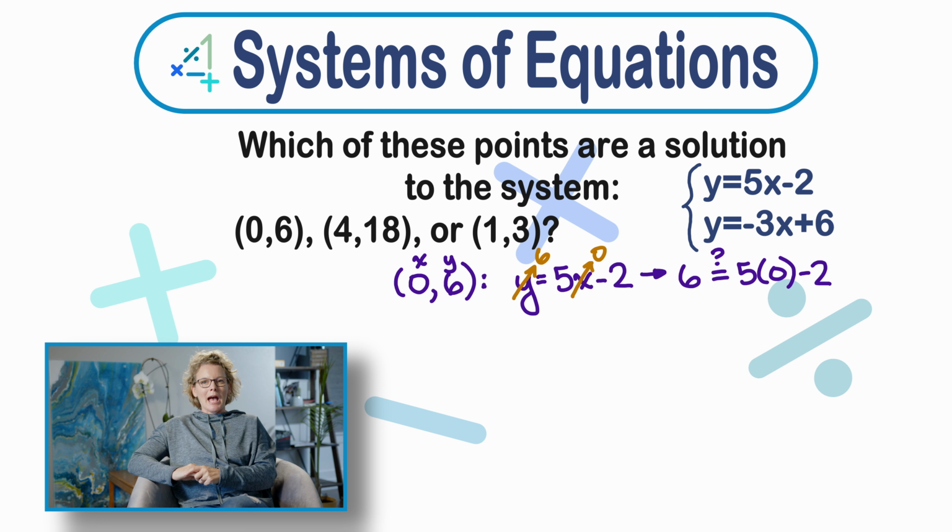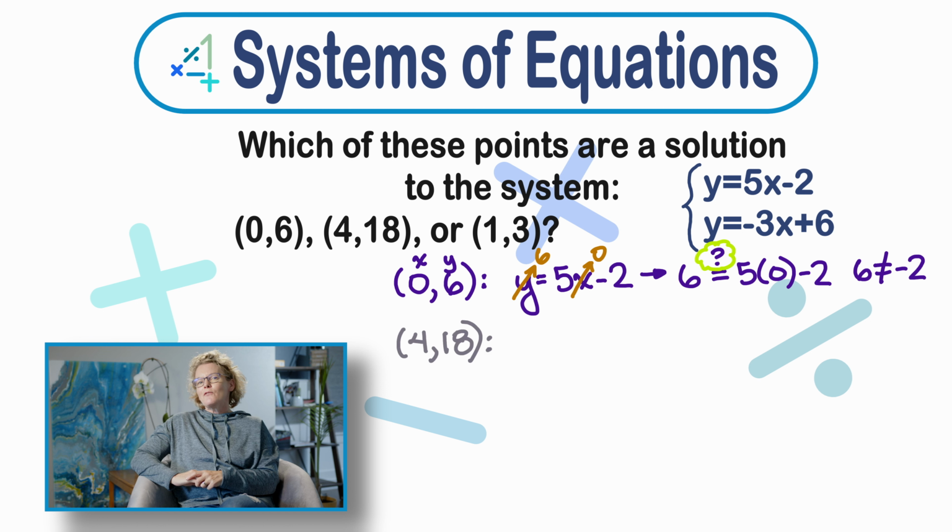You should get into the habit of putting the question mark above the equal sign when we don't know if both sides really equal each other. But 6 does not equal negative 2, so it cannot be a solution to the system. We could show it works for the other equation, but there's no need to do that extra work.